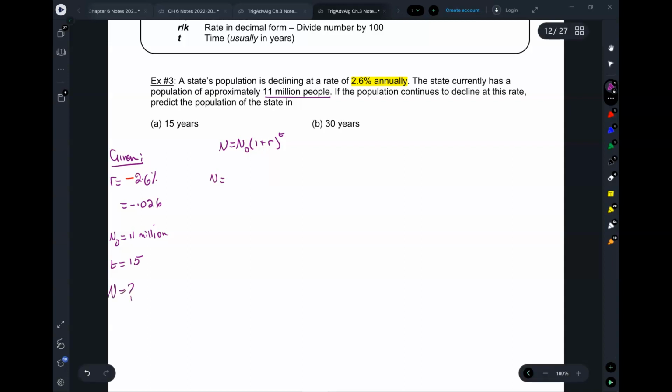So let's do this. N is, you see the 11 million? Keep in mind that this problem is in millions, and you can eliminate writing all the zeros. We can just put 11 times 1 minus 0.026 to the power of 15.